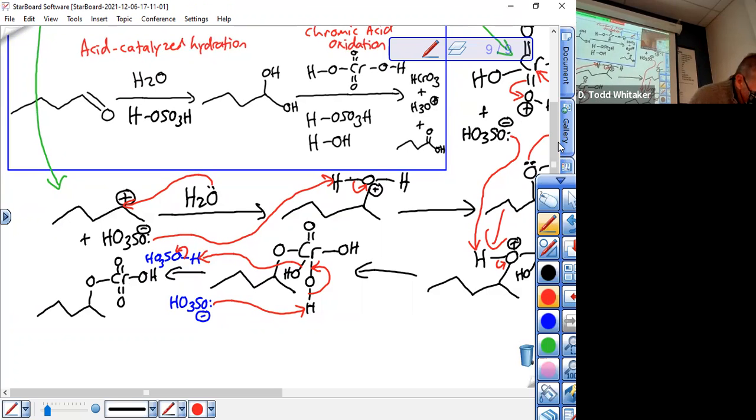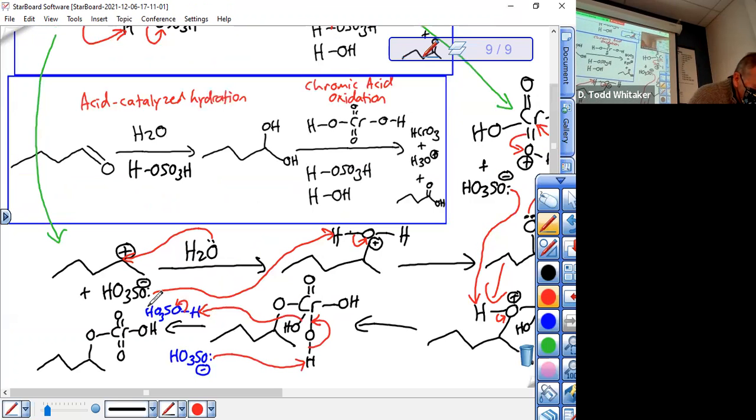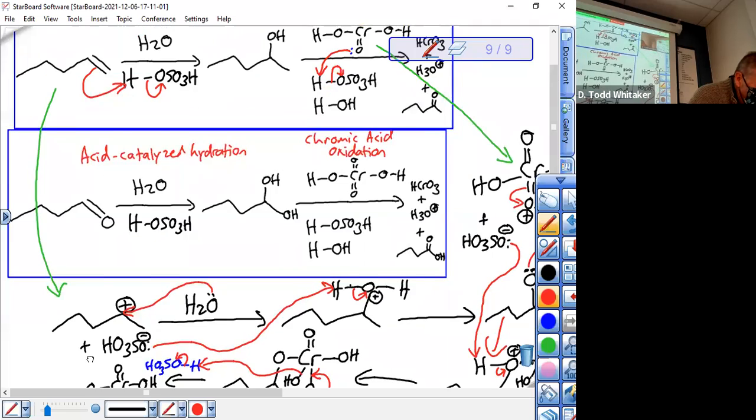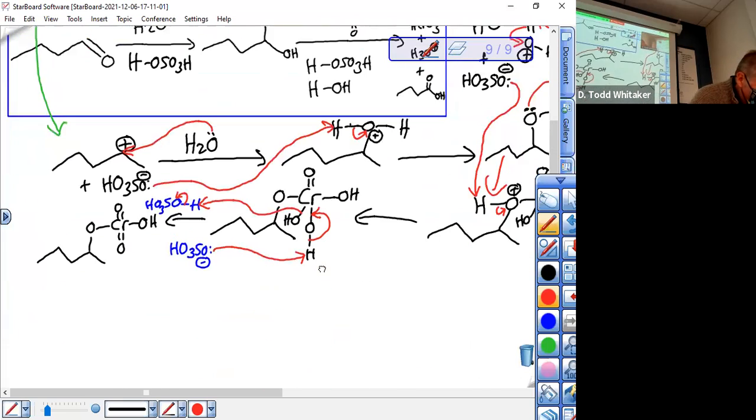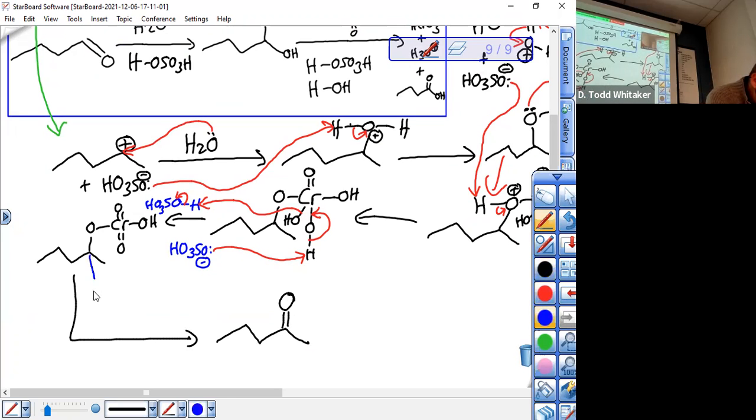All you have to realize now is that for that to become this, the ketone, I'll draw the ketone again down here. This H has got to go away. Clearly, there's no H on that position in the end.